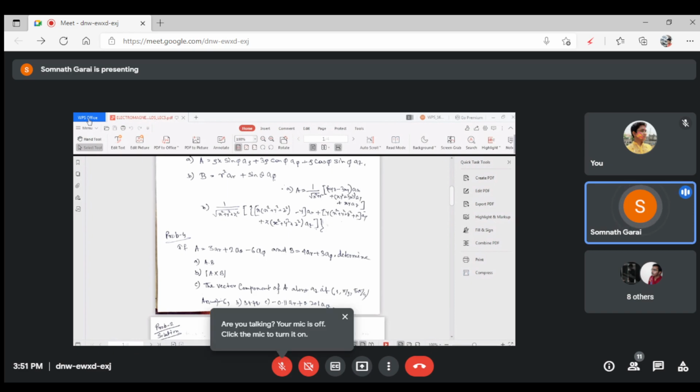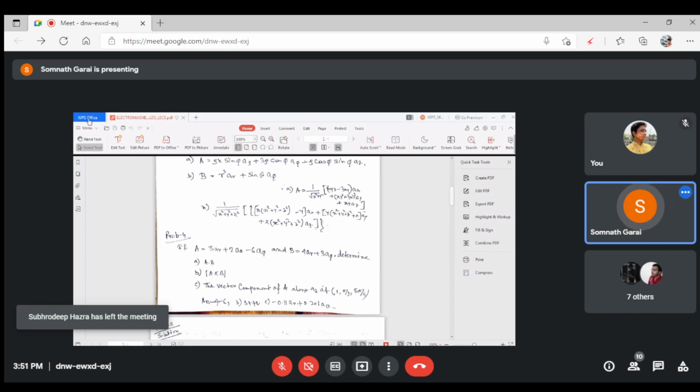That is the relation: the matrix of ax ay az is equal to sin theta cos phi, minus sin theta, first row; second row sin theta sin phi, cos theta sin phi, cos phi; third row cos phi, cos theta, minus sin theta, 0, into ar, a theta, a phi.